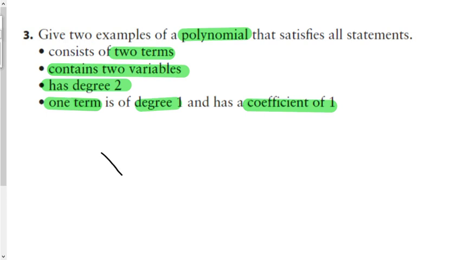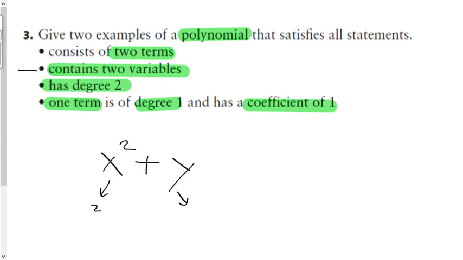So I'm going to make the standard binomial, x squared plus x. I'm just going to use that. Or if you took this part as variables, meaning they have to be different, instead of having an x, I technically could have a different variable. I'll use y, just to keep it kind of copacetic. If I look at the degree of each term, this term has a degree of 2.